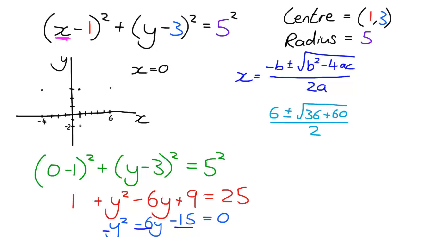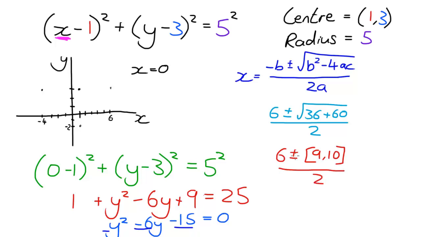So what is 36 plus 60? That's going to be 96. The square root of 96 is going to be somewhere between 9 and 10. So we get 6 plus or minus that, over 2.